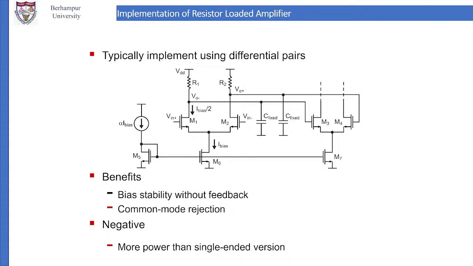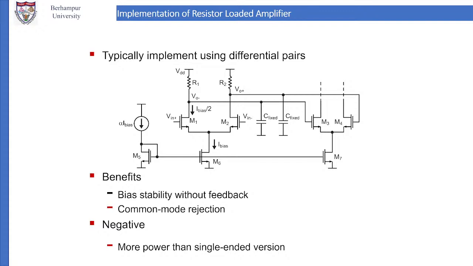Once you have a differential pair amplifier, it gives you something called the common mode rejection ratio. So don't worry about it. Just remember that when you use a resistor loaded amplifier, it has a good common mode rejection ratio.